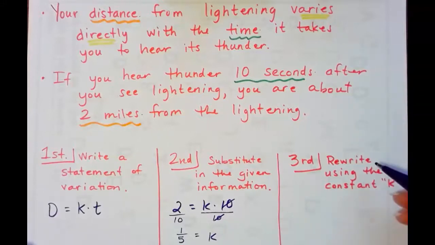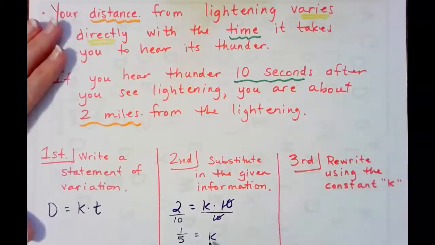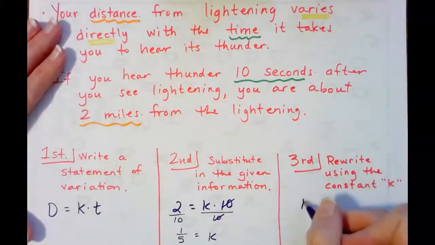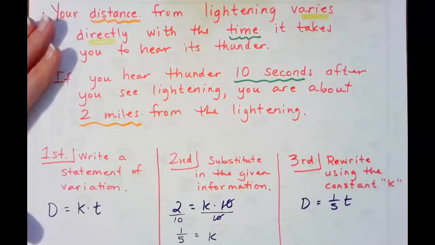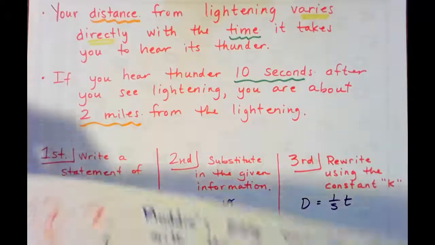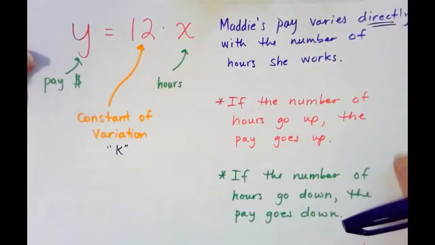Third, rewrite the statement using the constant K. So if our K is 1/5, then D equals 1/5 times T. Remember, I gave you the constant of variation in the problem about Maddie working in Chick-fil-A.